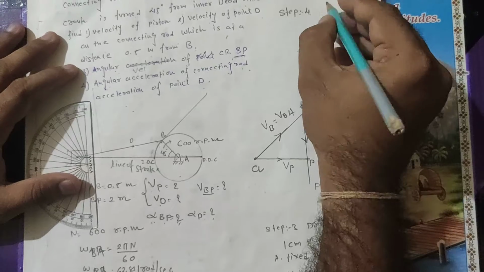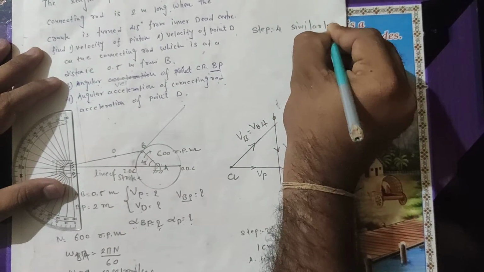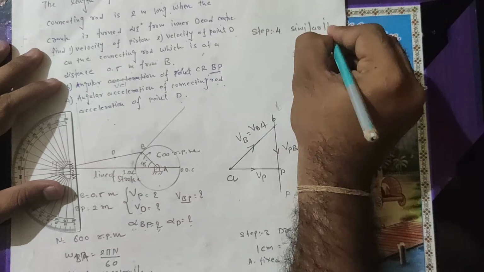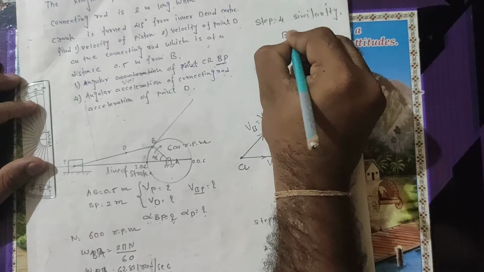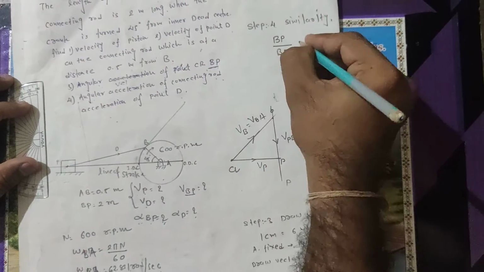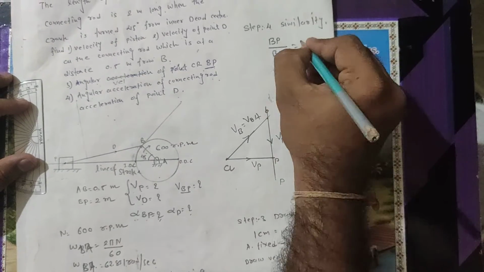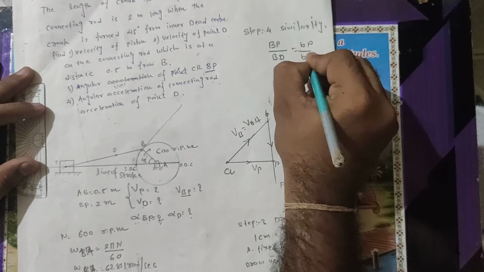For that purpose we have to use the similarity rules. So capital BP upon BD, same way this BP upon BD.